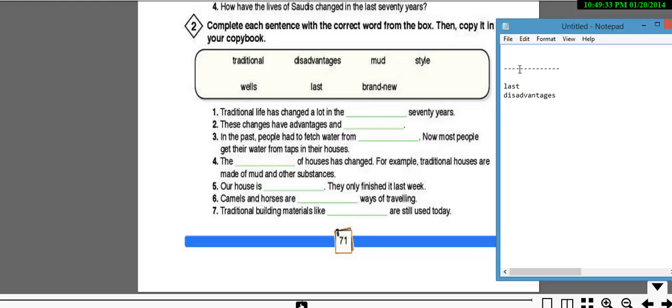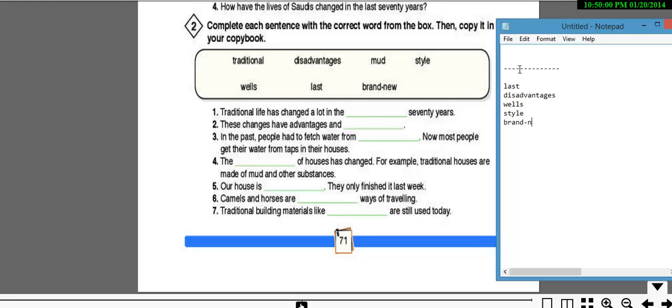Now, in the past, people had to fetch water from wells. The style of houses has changed. For example, traditional houses were made of mud and other substances. The style of our house is brand new, they only finished it last week.